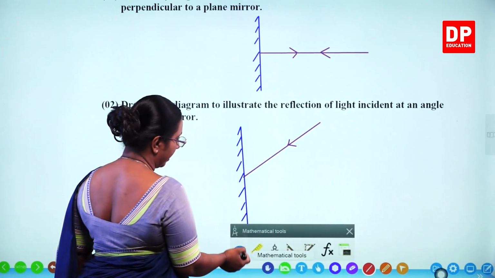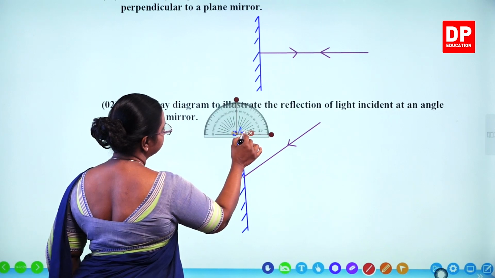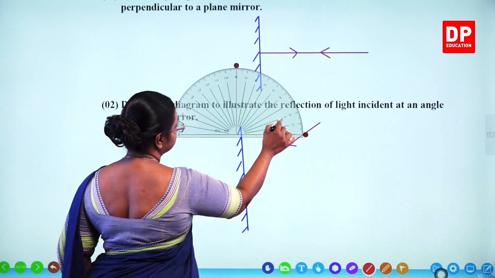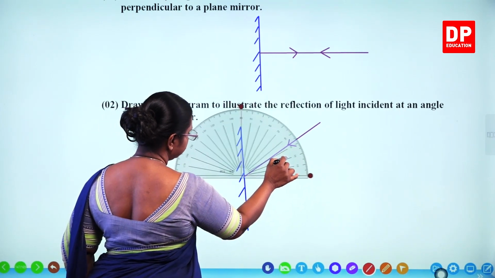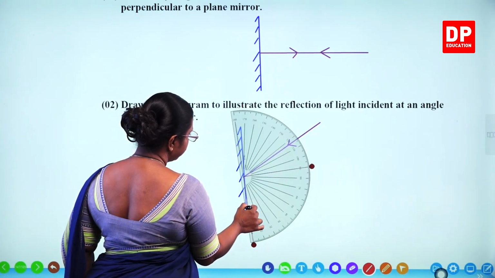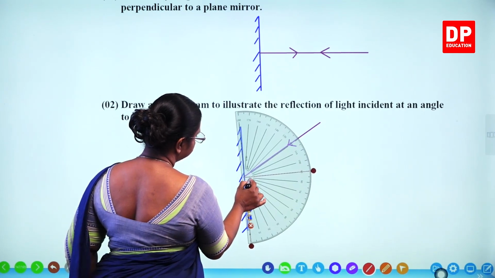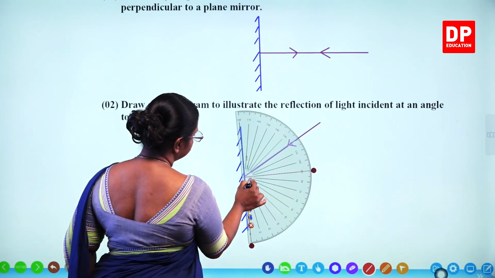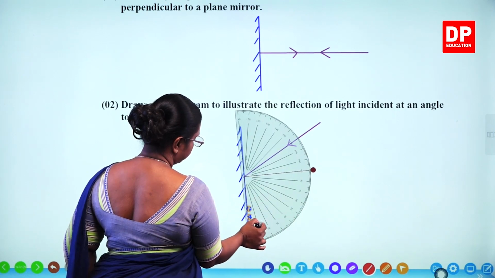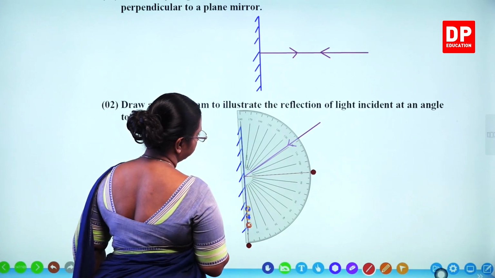We need to have the protractor so that it's easy for me to draw the ray. Right.